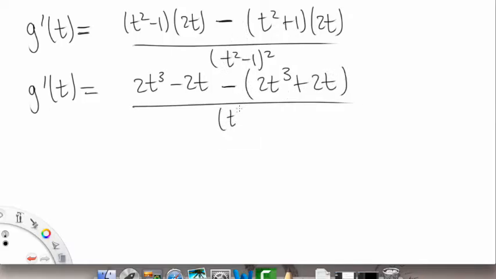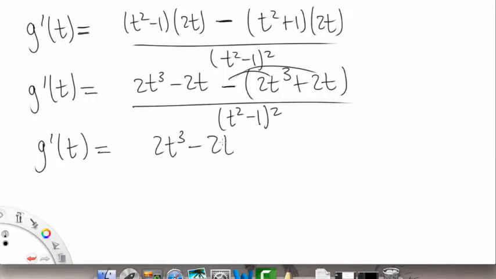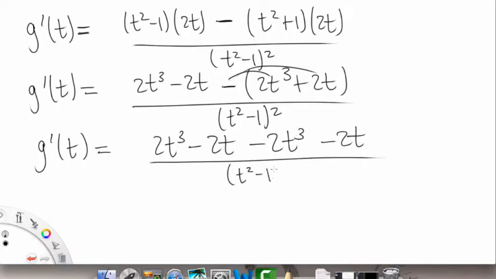We're just going to keep copying down the bottom, that's just hanging out down there. And now when we distribute the negative sign, on the next line we'll get 2t to the third minus 2t minus 2t to the third minus another 2t, all over t squared minus 1 squared.